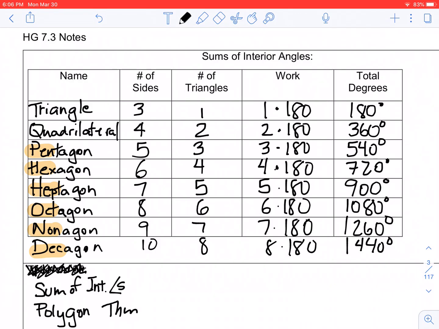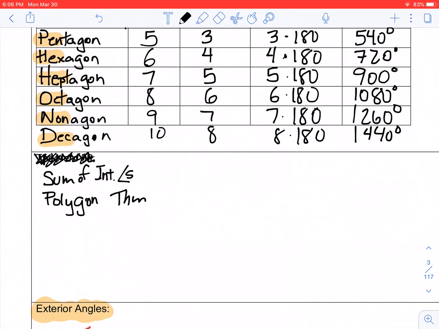Okay. So the formula, and the book calls it a theorem, and you can prove this theorem by breaking it into triangles. We're not going to prove it. We're mainly going to do math problems with it.